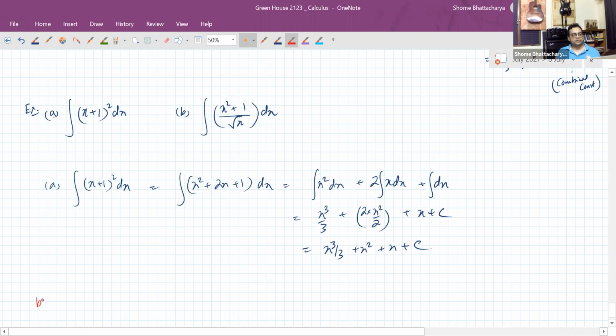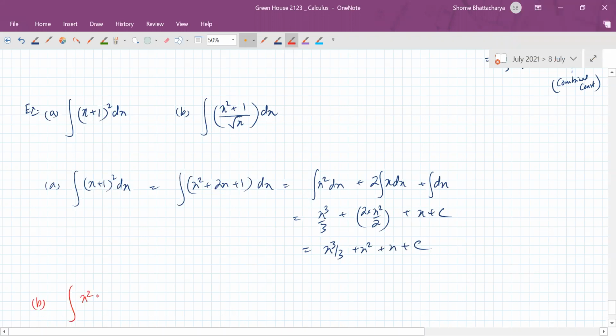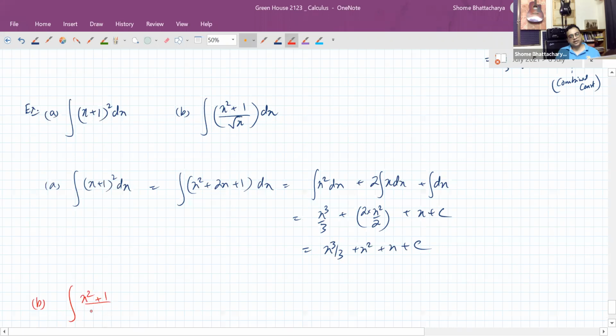Now similarly work out this one. You just do a bit of algebra to separate out the two terms, right? And then from this step onwards, you can again apply the distributive property.